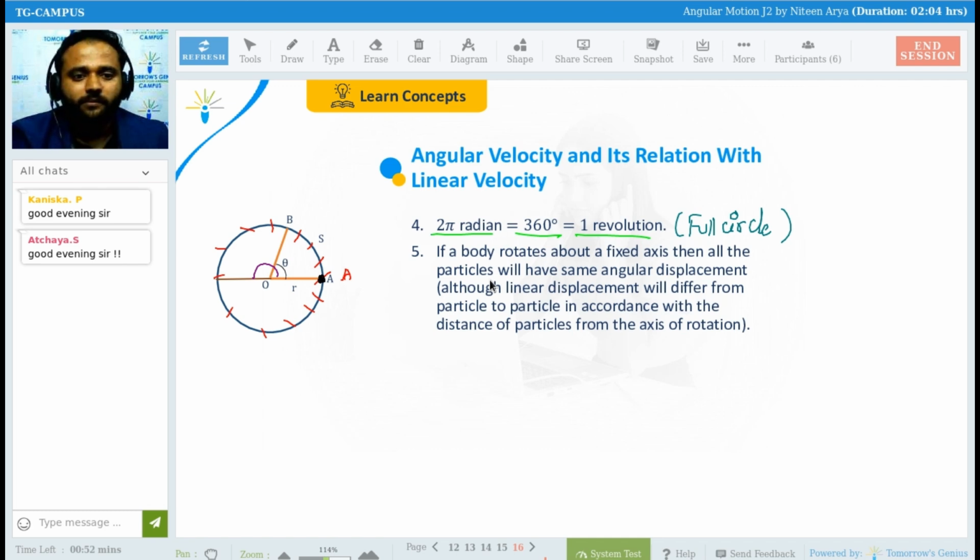This is a very important point because they never give you the angle directly. They give it in terminology like 3 by 4 revolution, 3 by 2 revolution, and so on. So 1 by 4 of a revolution, how much angle is it? Tell me.